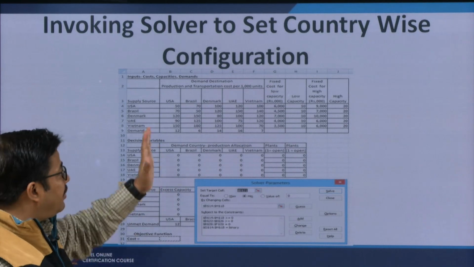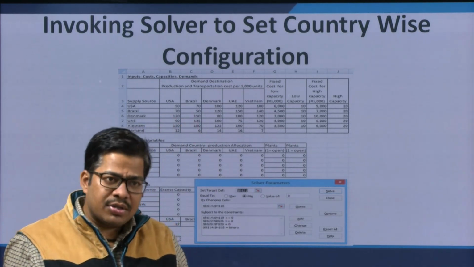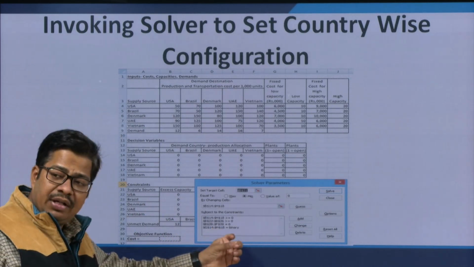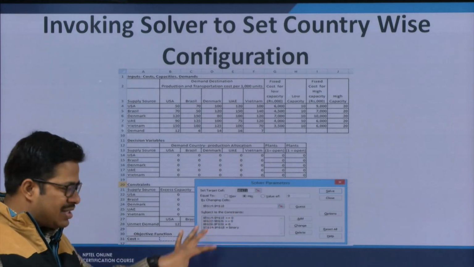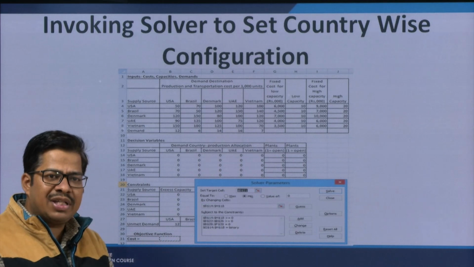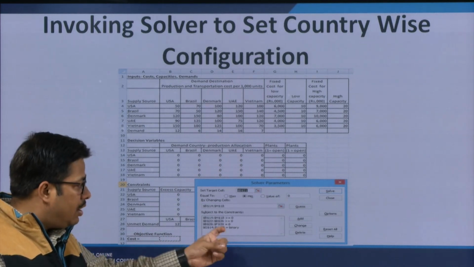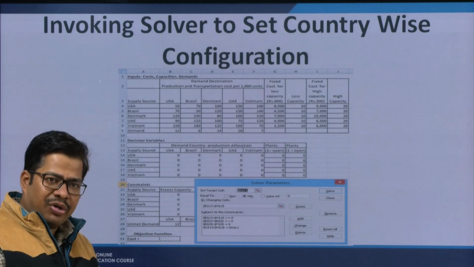So for different markets you may set different criteria, and all those criteria need to be built into these constraints. This is a simple generic model, but a more customized, more specific model can be built by writing the constraints for that in this constraint dialog box.